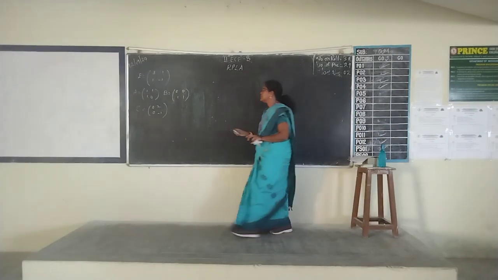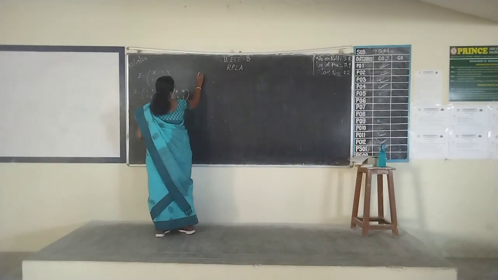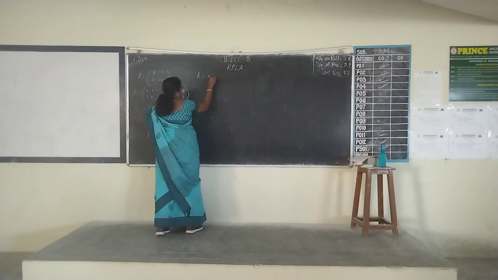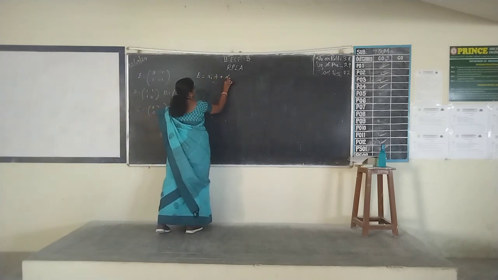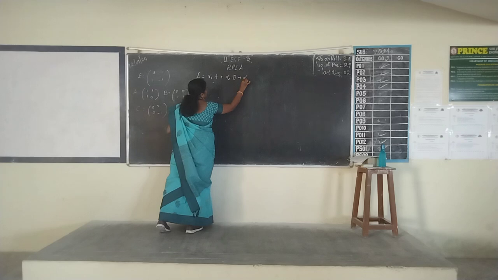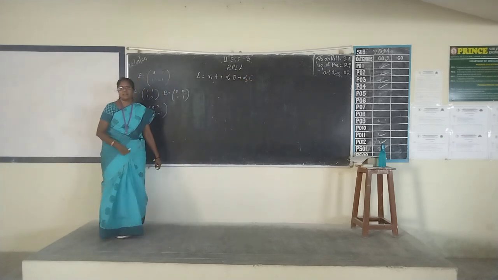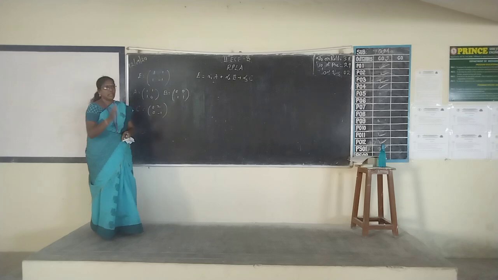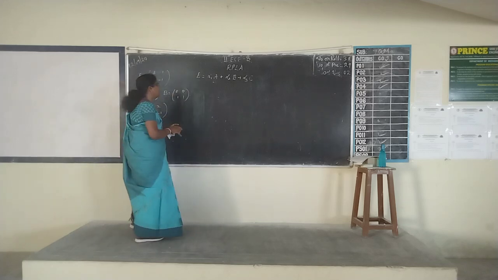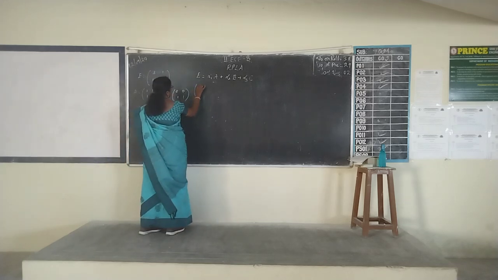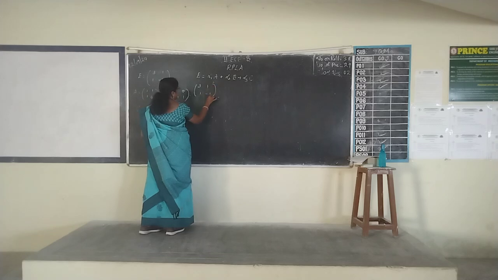Let E equal to alpha 1 A plus alpha 2 B plus alpha 3 C. Okay, substitute your E, A, B and C. So E is 3, 1, 1 minus 1.